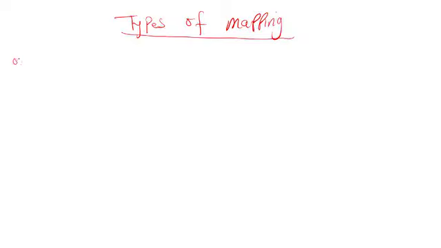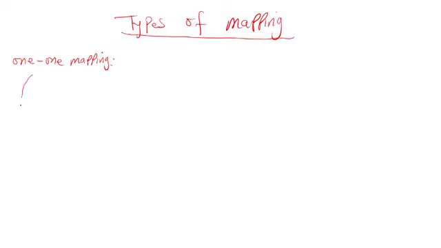The first mapping I want to list here is one-to-one mapping. When you talk about one-to-one mapping, it means different elements in the domain have different images in the codomain.